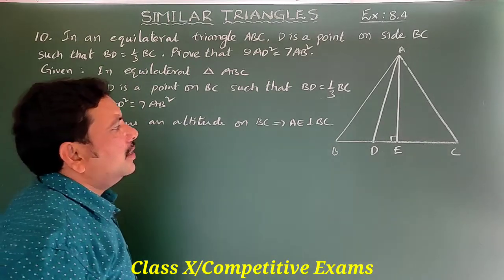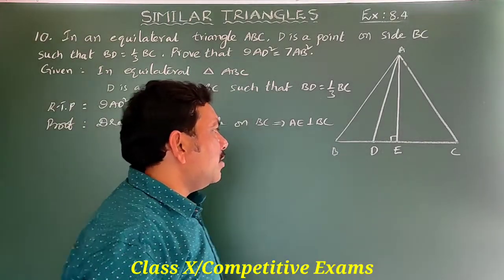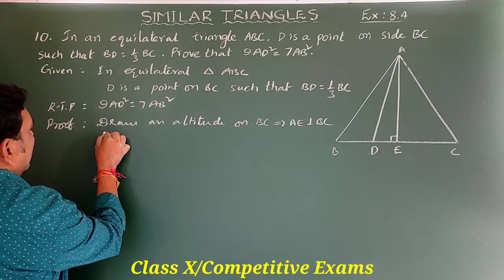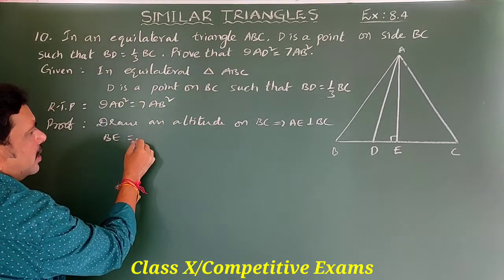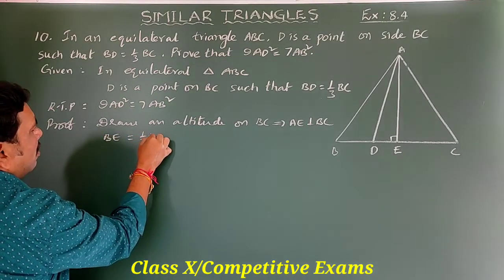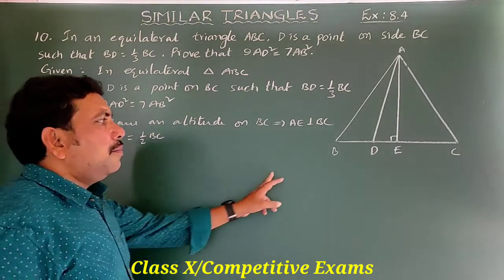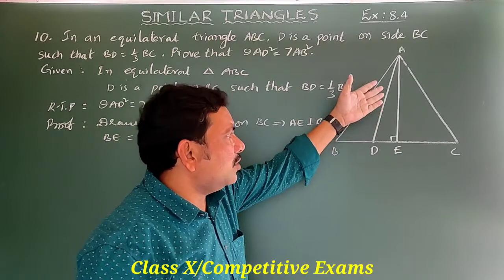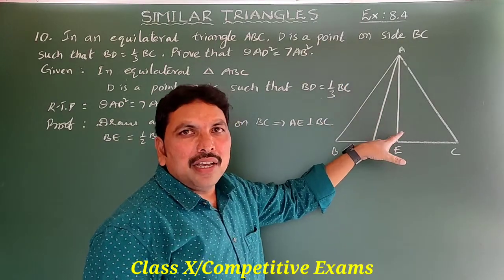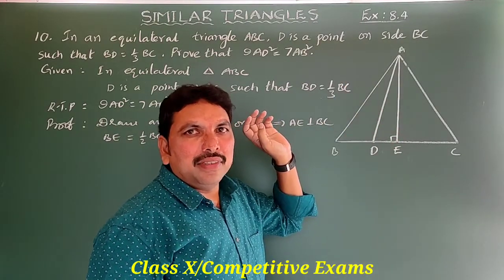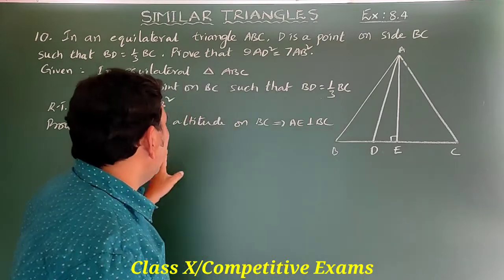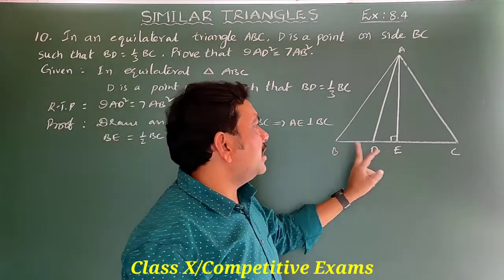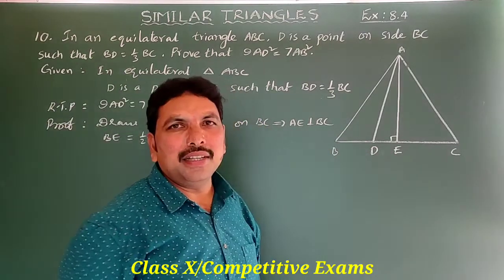Next, take BE is equal to half of BC. Why? Because the altitude in an equilateral triangle is also a median. So BE is equal to half BC.